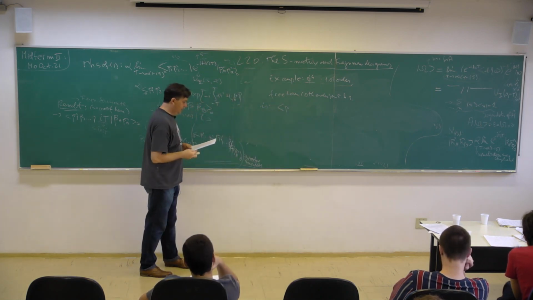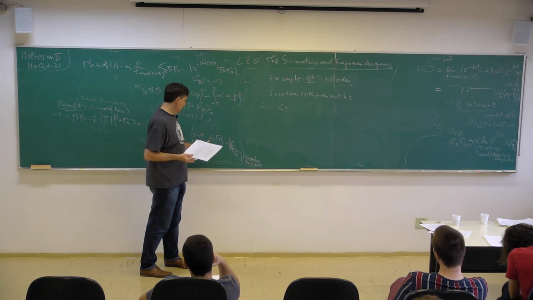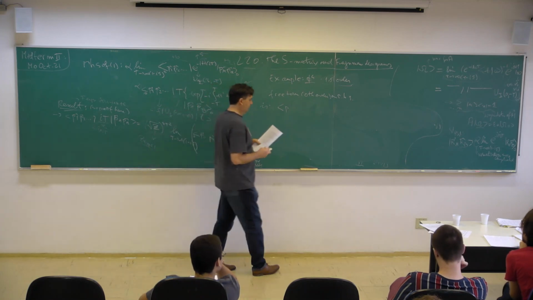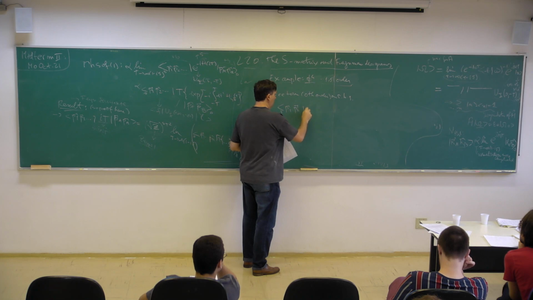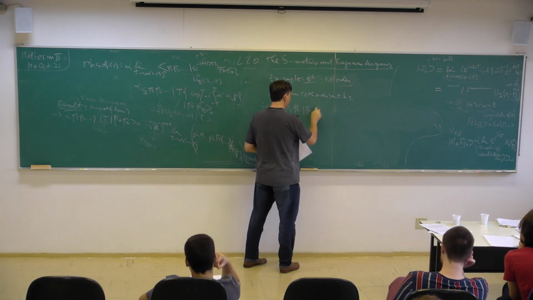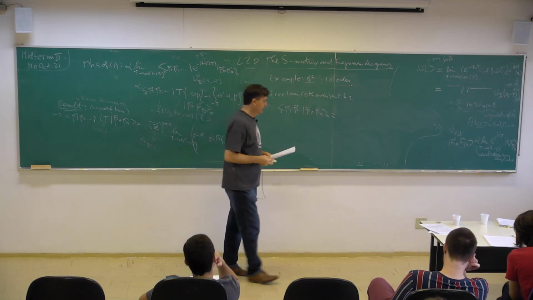well, for it to be non-zero, I have to have the same number of particles in the final state, right? So n equal to 2. So let's say P1, P2, and PA, PB. Okay?